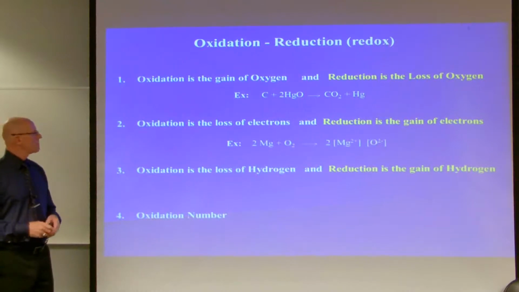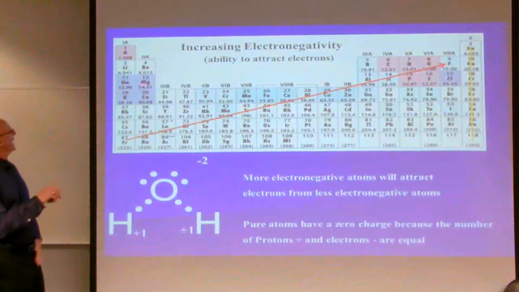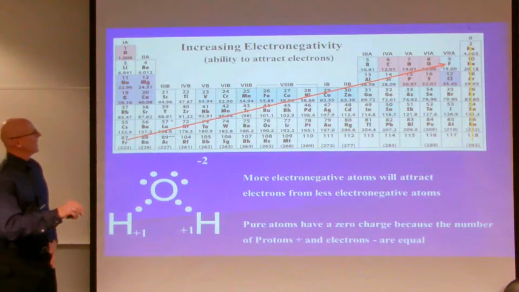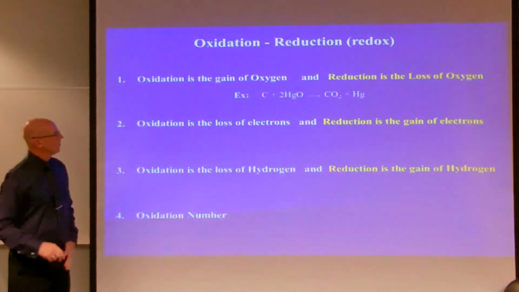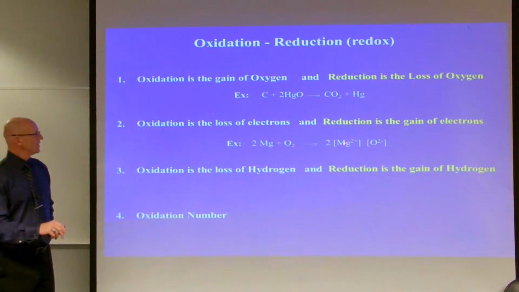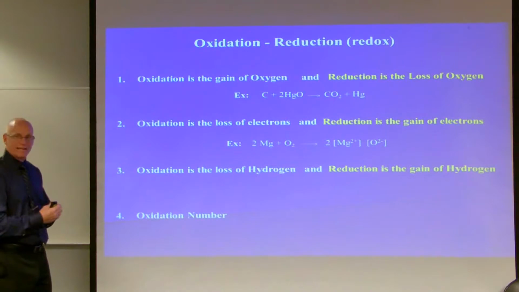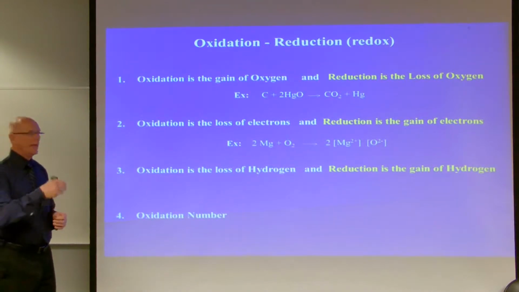Let's do an example of that. This is 2 molecules of magnesium plus a dioxide. Now, let's go back to the table of elements and let's look. Magnesium is less electronegative than oxygen. So since magnesium is less electronegative, oxygen will pull those 2 electrons from magnesium because it has 2 electrons in its valence shell.